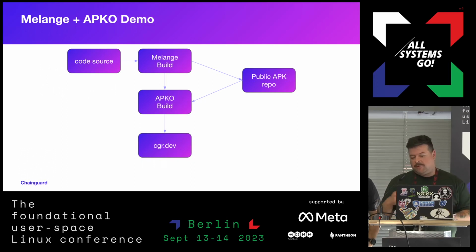In our case, everything is local, but we depend on some public APK packages that we're going to pull from the public APK repo, and that's the input for Apko to build the image. Later on, we can push that image to a private or public registry.